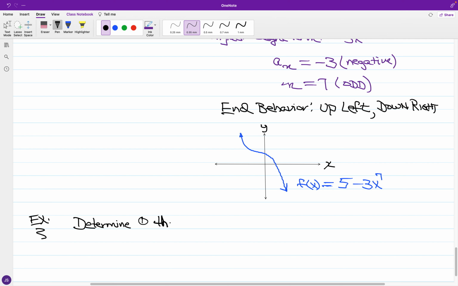Let's say we have determined the zeros and multiplicities.